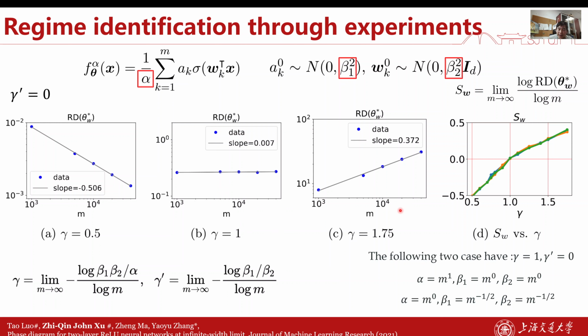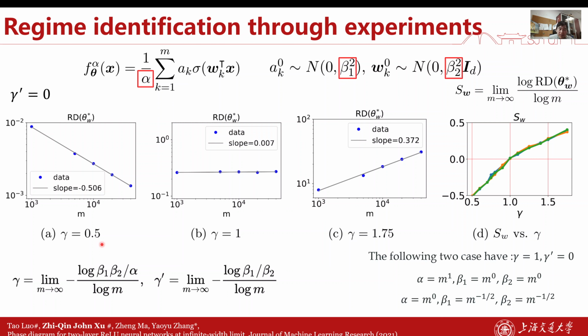And for the condensed regime, gamma is very large, the initialization scale is small. The relative change will increase as the network width increases, so this will definitely be in the nonlinear regime. So we can see that to determine whether it is in the linear or nonlinear regime, we only need to study the slope of this tendency.